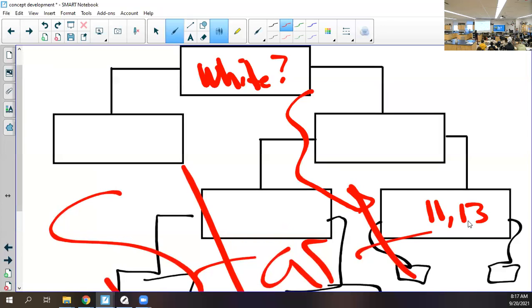Okay, everyone look. How many of you had 11 and 13 in the same box? Raise your hands. Okay, so even though you started with different questions, we still have most people that have 11 and 13 in the same box, correct? The flow chart usually, as long as you ask not crazy questions, you'll end up with the same things together because they have similar properties.